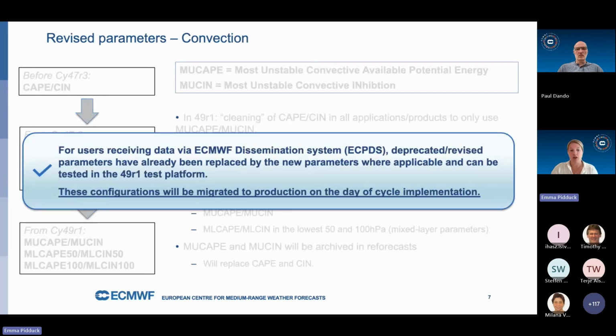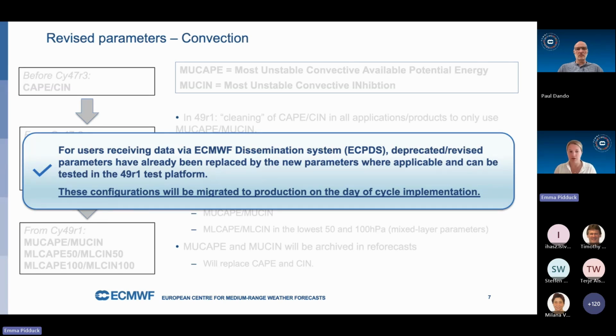I should highlight that for users receiving their data via ECMWF, via ECPDS, any deprecated or revised, renamed parameters, we've already replaced these in the data requirements, and you can access this in the 49R1 test platform. So if you use the test system, you don't need to make any changes for CAPE or CIN, and on the day of cycle implementation, it will automatically move over to production.